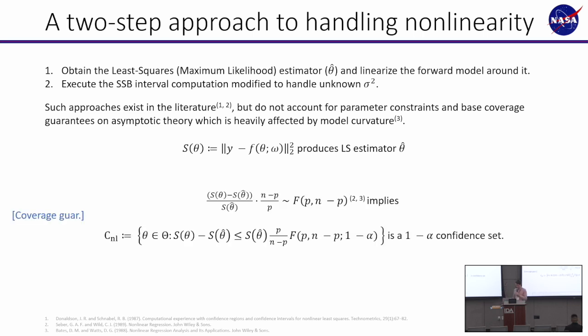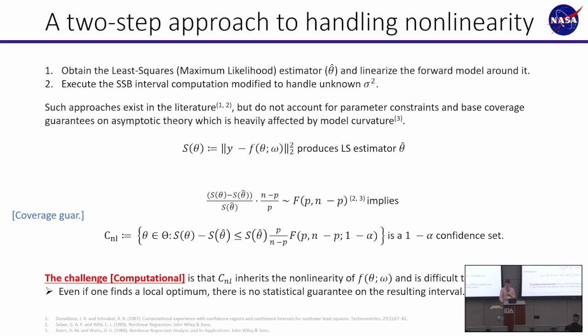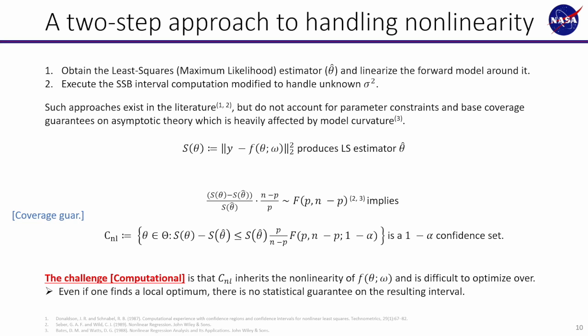And since I have a bit less time than I was expecting, let me skate through some of these mathematical details. But here, I'd like to point out that there's a traditional way that we can account for the unknown variance. Again, this is the studentization trick. But the challenge here is that if we directly use our forward model in the definition of this confidence set, then we inherit its nonlinearity, and optimization can become very difficult.